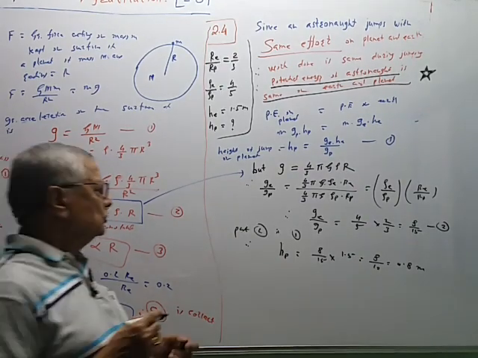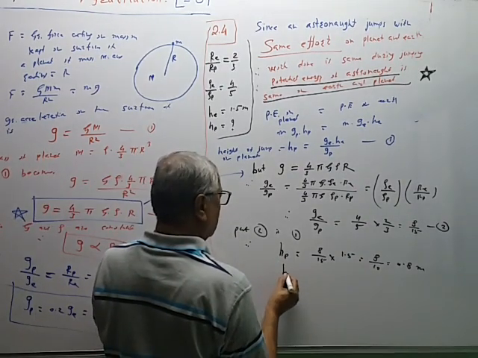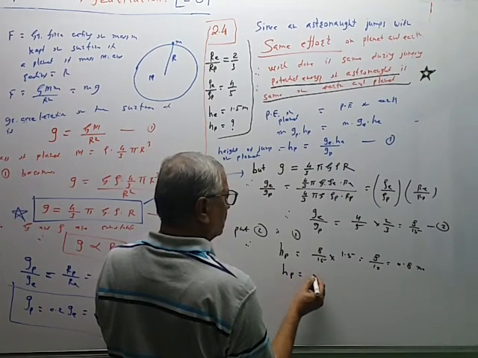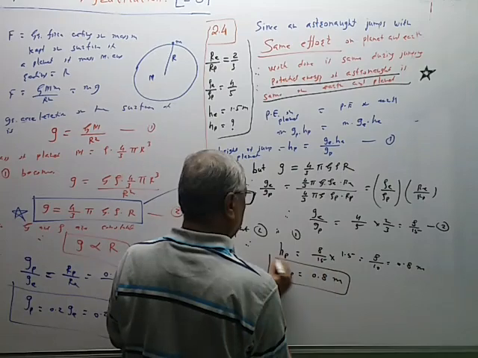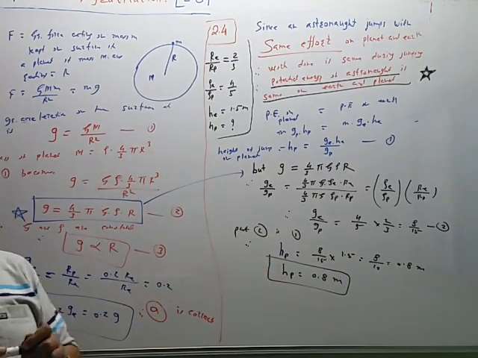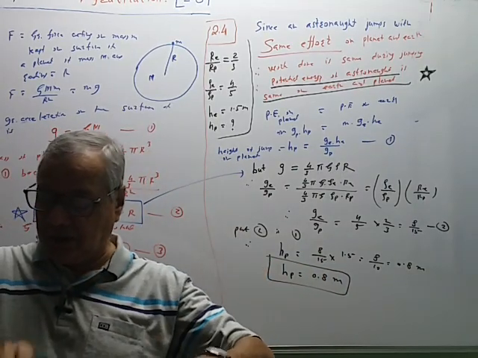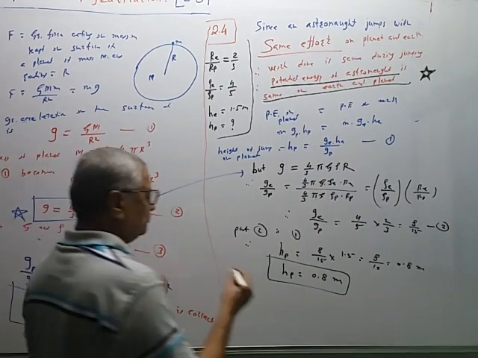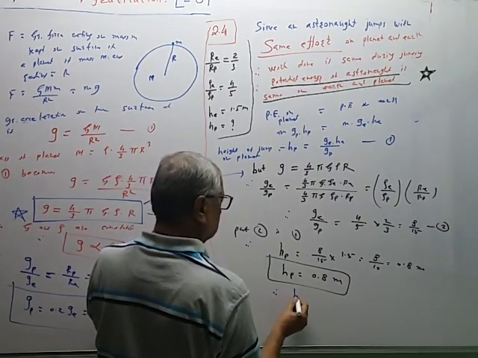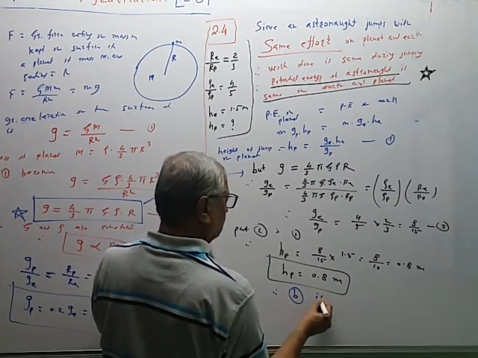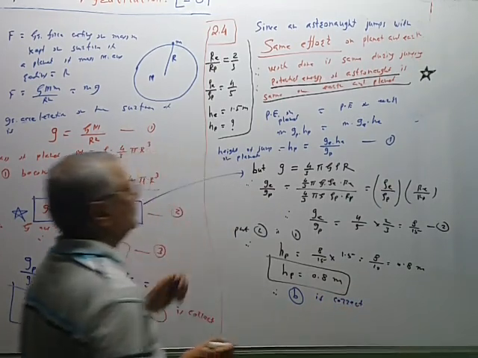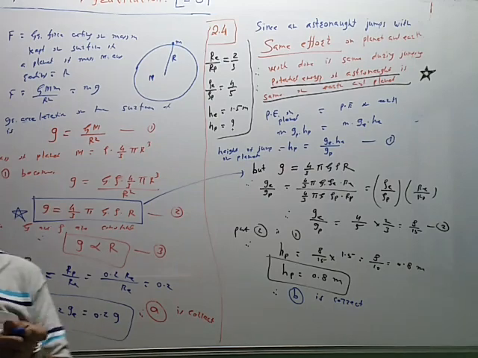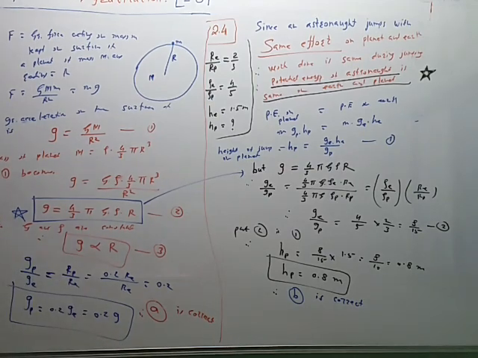So the correct answer is this: height of the jump on the planet is equal to 0.8 meter. So the correct choice is B. Therefore, B is correct.